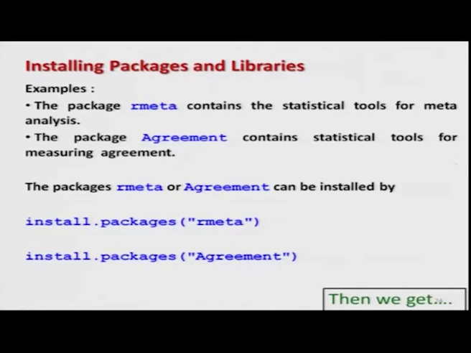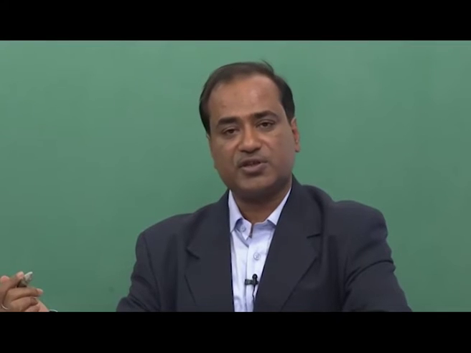For example, suppose I want to use a package Rmeta. Rmeta is a package used in statistics for meta-analysis of data, and this package does not come as a part of the base software.